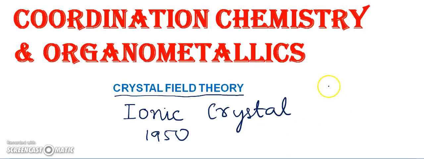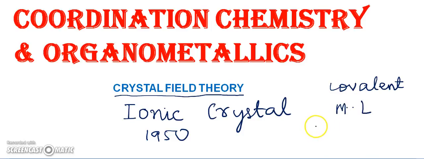What was the bond between the ligand and the metal? That was covalent. Okay. So covalent means there was an electron pair that was being shared between the metal and the ligand.